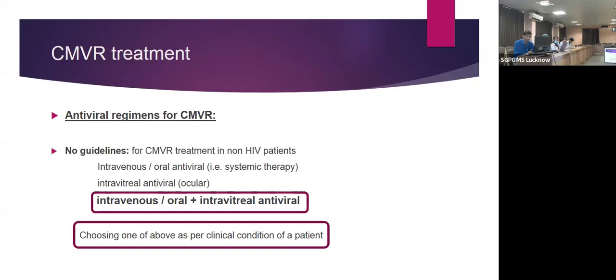Given the patient's condition at the time of diagnosis and treatment, we have to make many choices, but the gold standard is to give both systemic and intravitreal therapy. Sometimes giving systemic therapy is not possible for various reasons. Sometimes intravitreal therapy cannot be given because the patient is in the ICU and cannot be shifted to the OT. But anyway, this is the standard of treatment.